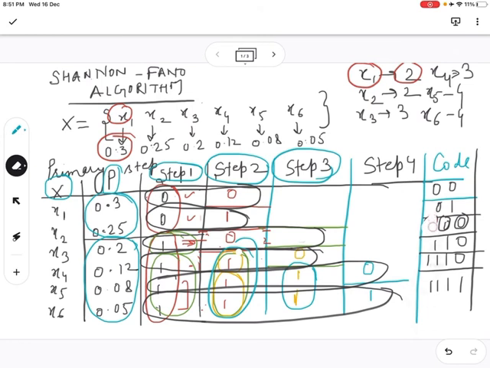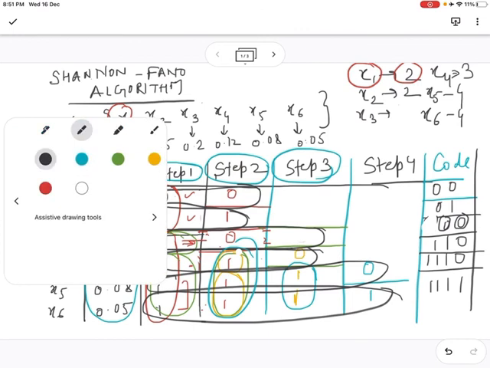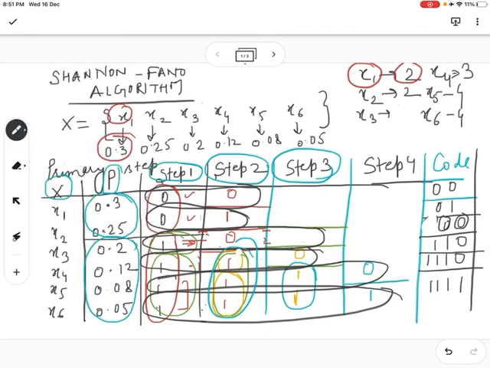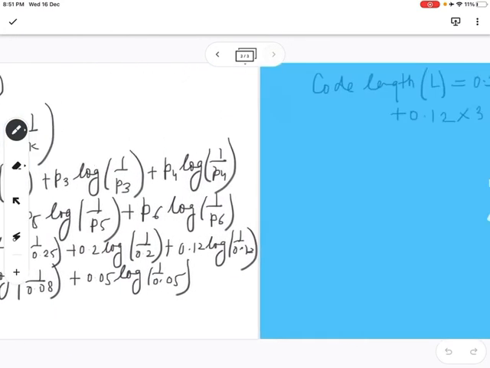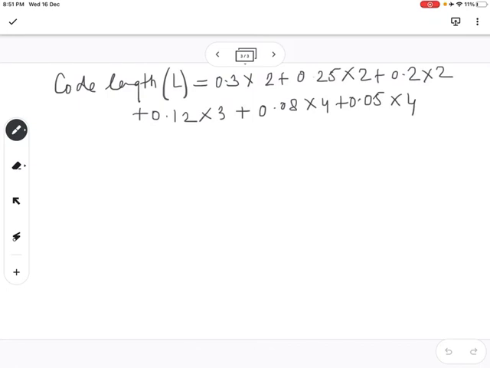The length was, by mistake, 2 only. Now this is the code length. If I solve this numerical, I'm going to get around 2.38 bits per symbol.